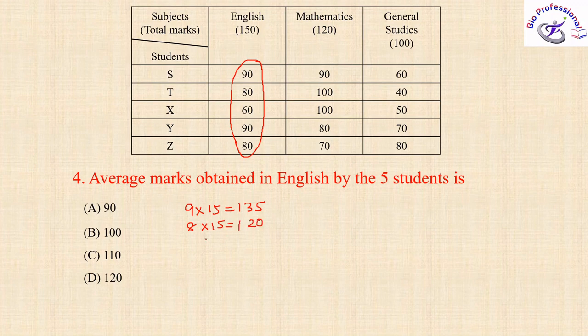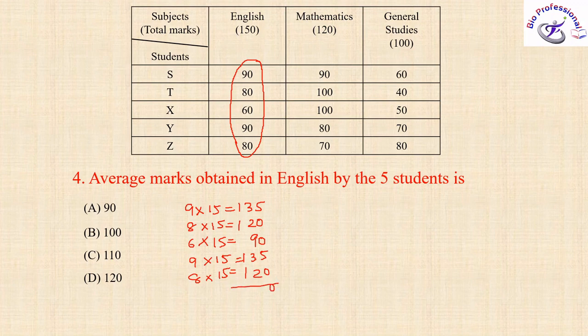Then 60% of 150 will be 6 into 15, which is 90. Then again 90% of 150 is 9 into 15, which is 135, and 80%, 8 into 15, is equal to 120.